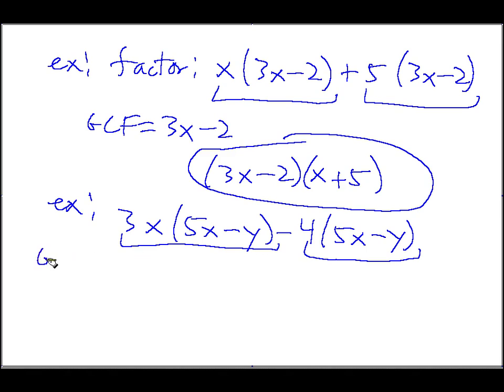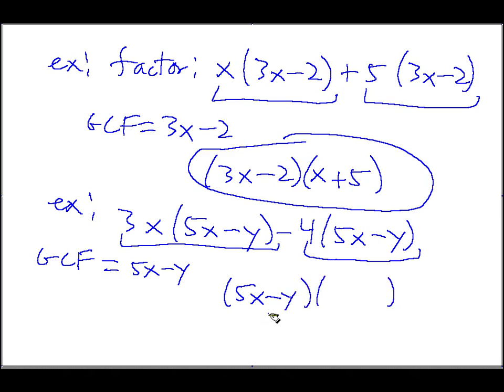Well, hopefully we see right away, without too much trouble, based on the previous example, that the GCF is going to be 5x minus y. They both have 5x minus y in common. They both have this factor in common. Can we see that? So therefore, this expression can be written as 5x minus y times something.